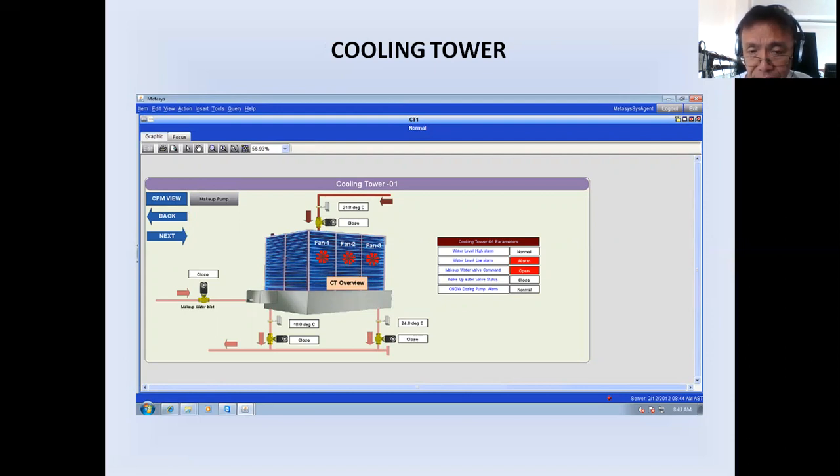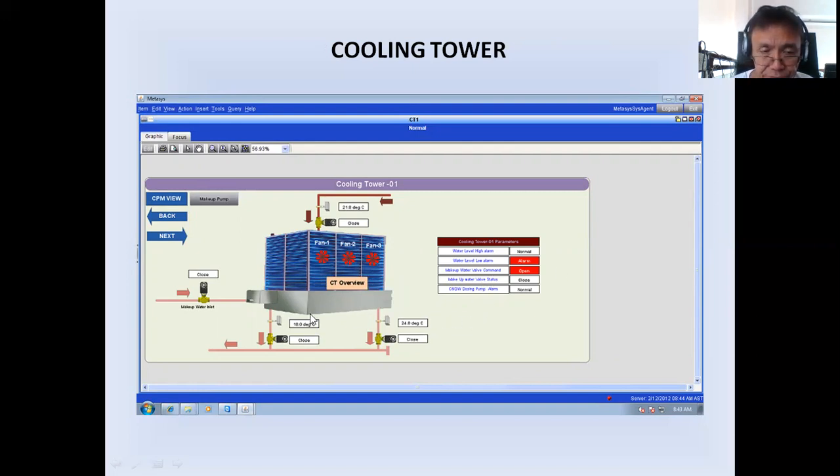This is very important because, as I said, the level of the water in the basin should always be maintained to prevent air from entering the pipeline. Because if there is air in the condenser pipeline, then it will create problems in our system. So in order to prevent air from entering the pipeline, we have to maintain the water level.